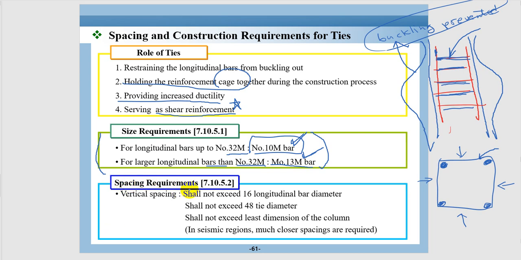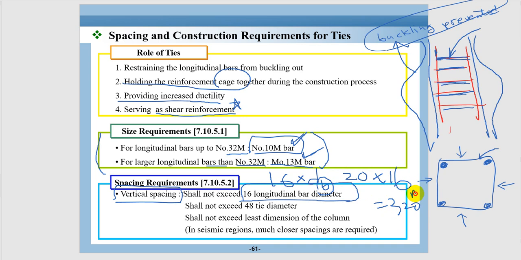And also spacing requirements are shown in 7.10.5.2. Vertical spacing shall not exceed 16 longitudinal bar diameters. That means 16 times the bar diameter. So if the vertical bar is 20 millimeter, then you multiply 16 by 20, so 20 times 16 is 320 millimeter.